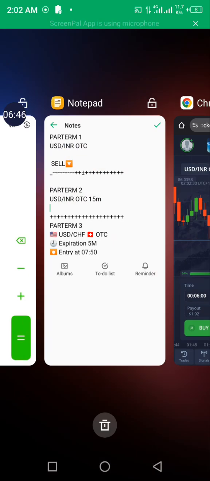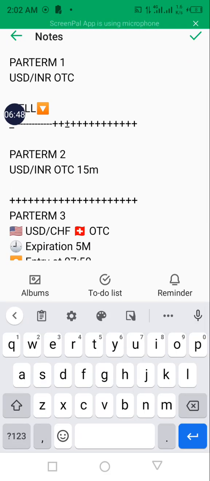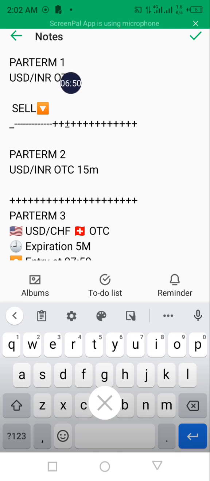In this signal pattern, when you are about to start trading, the pair is given to you for you to select. Then within a few seconds, the direction of the trade is dropped, so that you'll be able to select the direction and trade immediately.